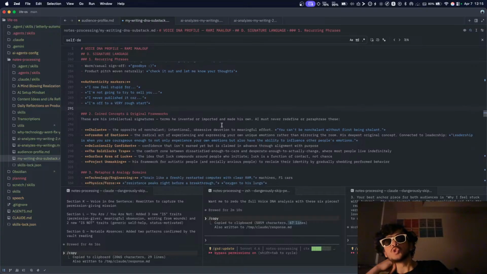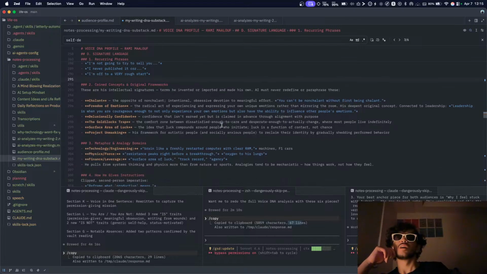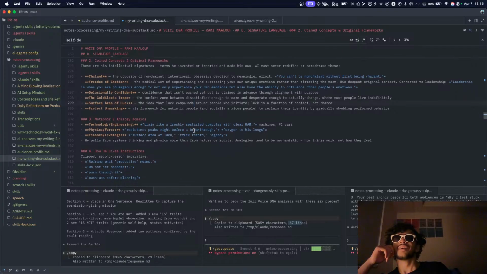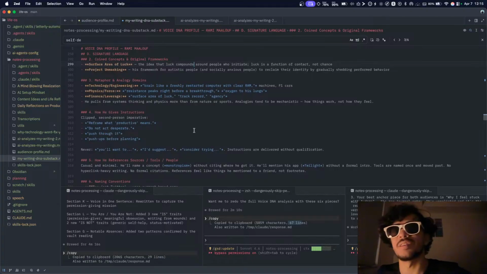I now feel stupid. Coined concepts and original frameworks. Yeah, I have a lot of them. I trust that AI is gonna get them right though.